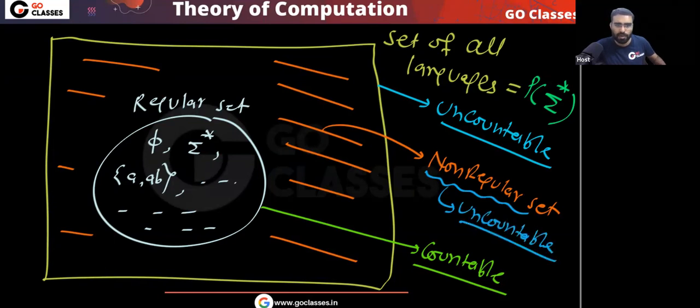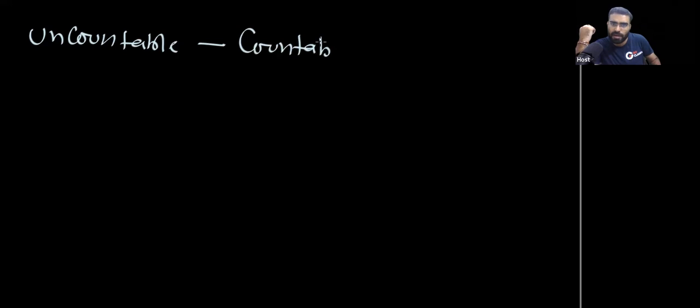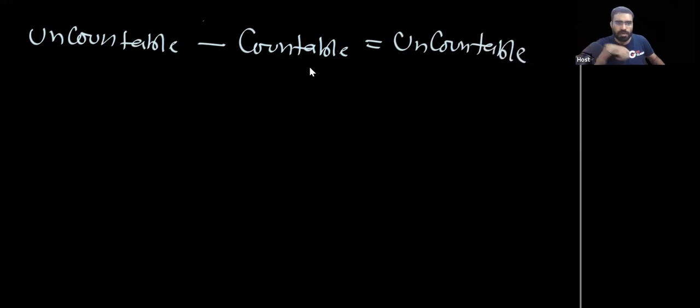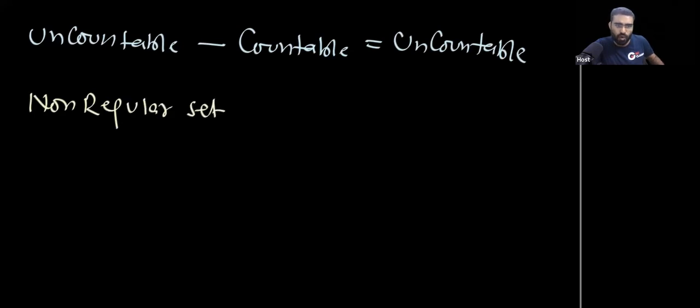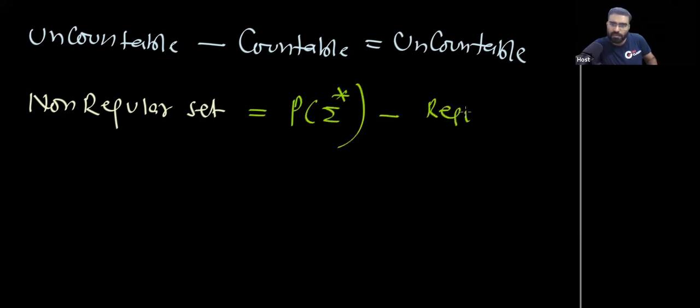This will be uncountable because remember, we have seen uncountable minus countable is uncountable. Yes or no? If you look at this non-regular set, can I say the set of all non-regular languages is the set of all languages minus the regular set?